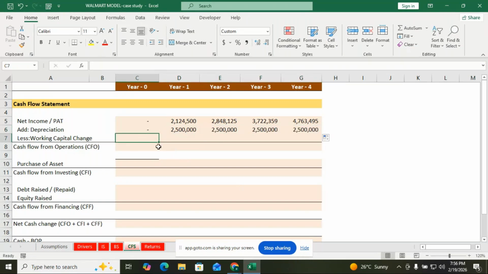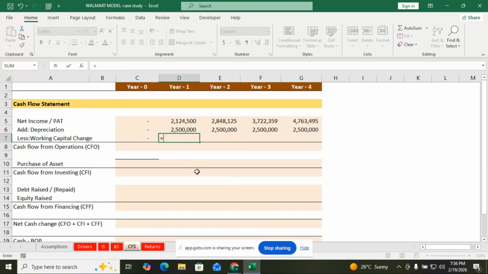Next, your working capital changes. Equals to, please go to your balance sheet for working capital.